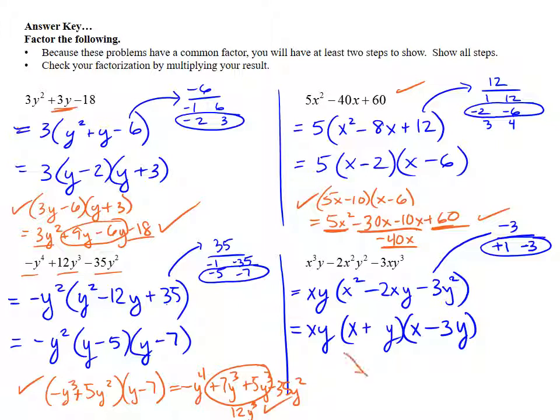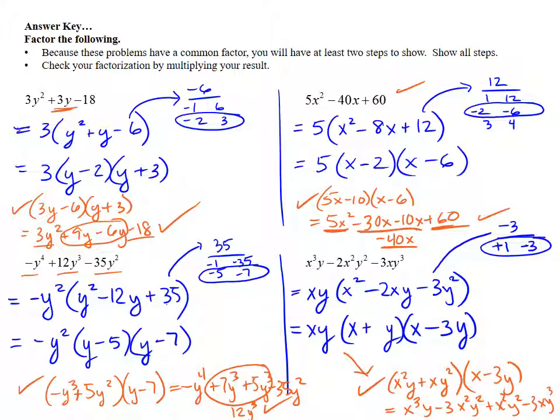My last example here, as a check, multiply the xy, the common factor, to the first binomial, x squared y plus xy squared. Then take that answer and multiply it to the last binomial, x minus 3y, and we get, by FOILing, x cubed y outside, minus 3x squared y squared, inside positive x squared y squared, and last terms would be negative 3xy cubed.